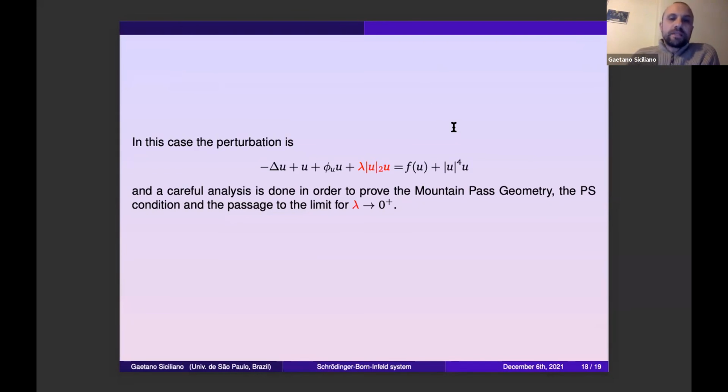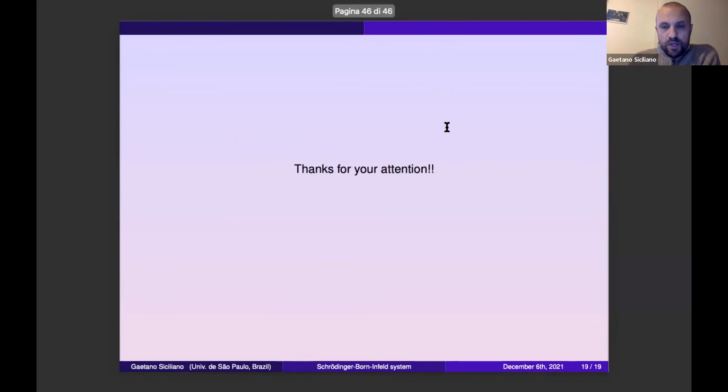And again, passing to the limit as lambda tends to 0, the solution is maintained in some sense. We get the ground state of our equation. So I think this is all. So I thank you for your attention.